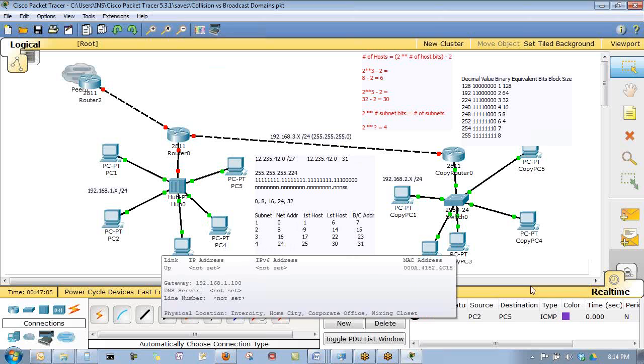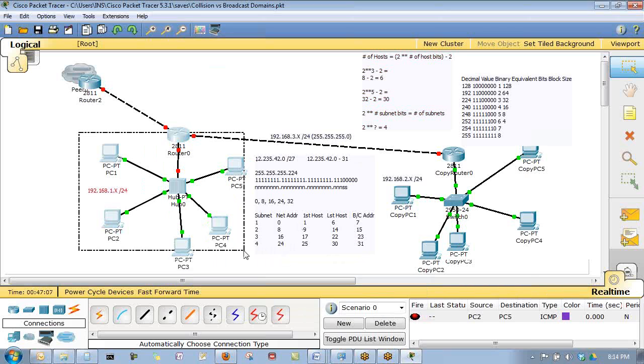We've got 4 subnetworks, but these subnetworks basically have different sizes. Right now, we're just going with fixed size subnets. Don't worry about the variable length subnets right now.